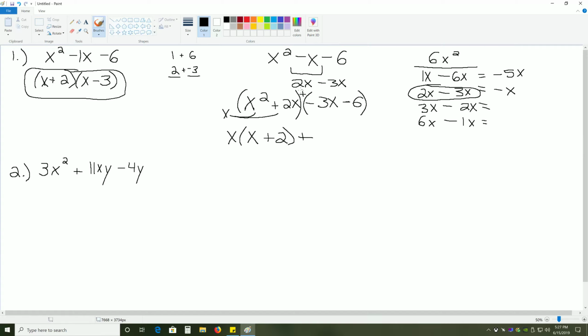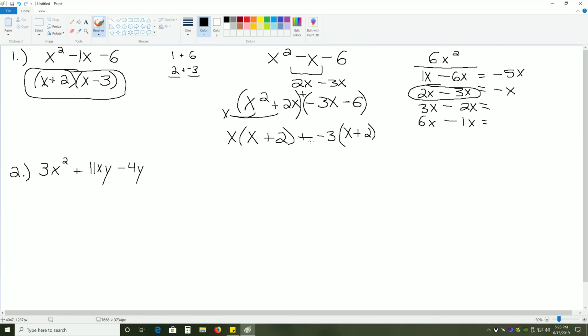plus, from our plus up here, and now we again want to factor out whatever's common between these two terms. And there is a negative 3 that can be divided evenly into each of these terms, so we'll get a plus negative 3 times negative 3x divided by negative 3 is x, and negative 6 divided by negative 3 is plus 2.